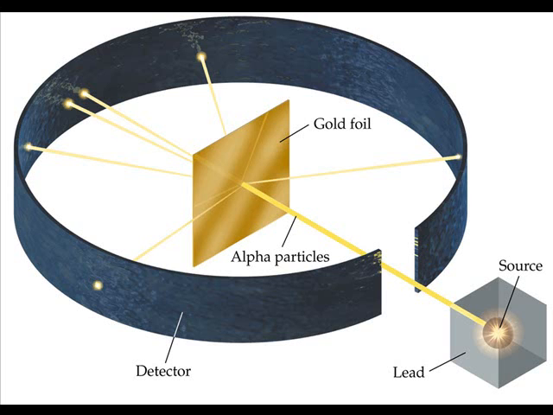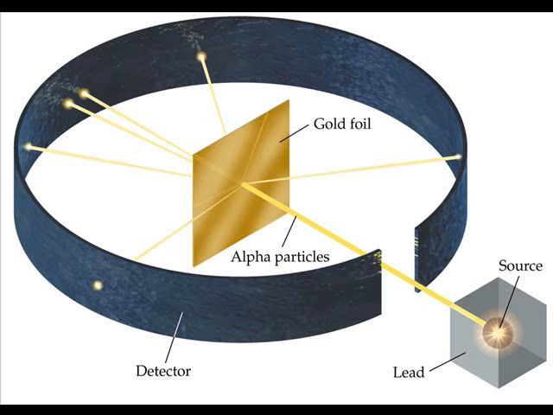But wait. A large amount of alpha particles did, in fact, go straight through the gold foil, like it was empty space. So it seemed like a large amount of the gold foil atoms was actually empty. And that's why the alpha particle beam went right through it.